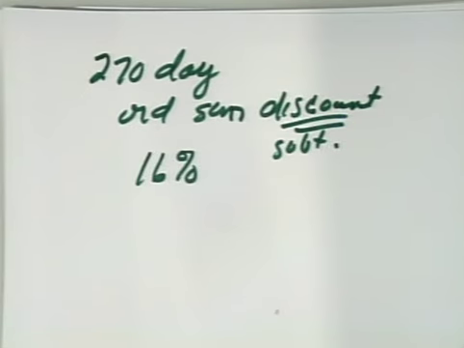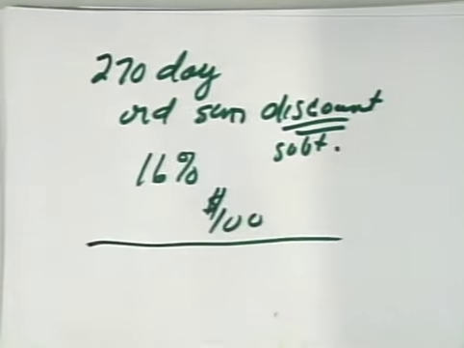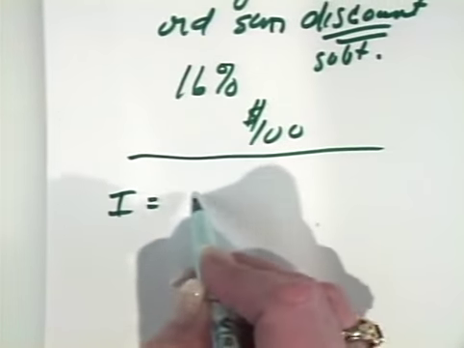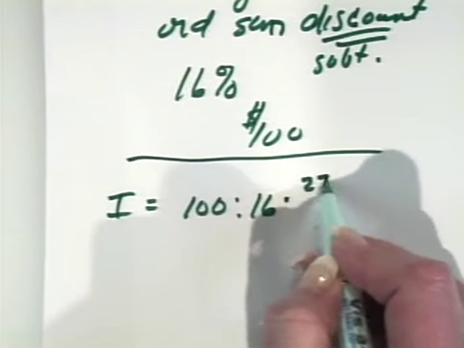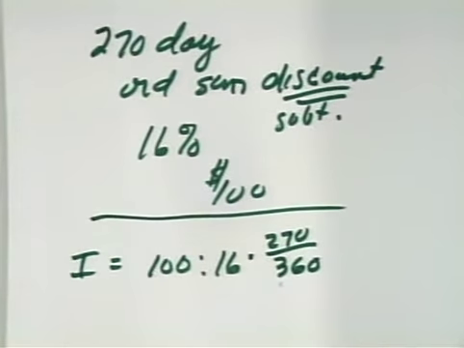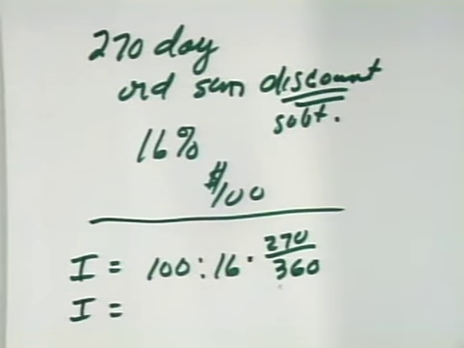It doesn't matter, right? Since we don't know how much money, it doesn't matter. We could use 100 or we could use 1,000. So we're just going to say that it's $100. Okay, so we're going to set this up and go I equals $100 times the 16% times 270 divided by 360 because it was ordinary. Interest is equal to, what did somebody get there?